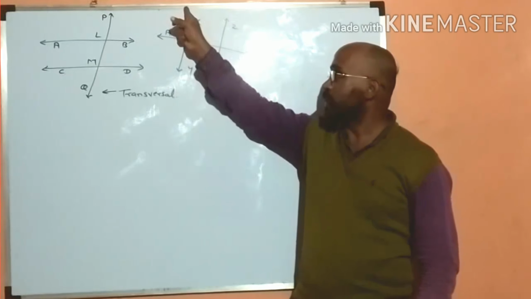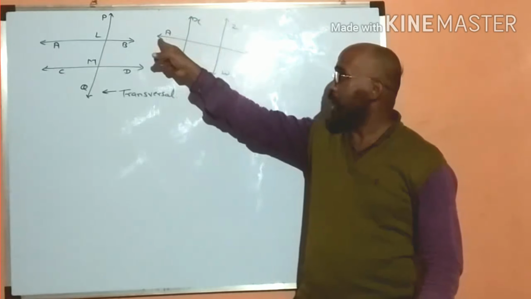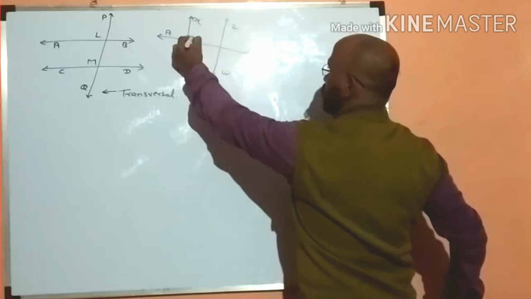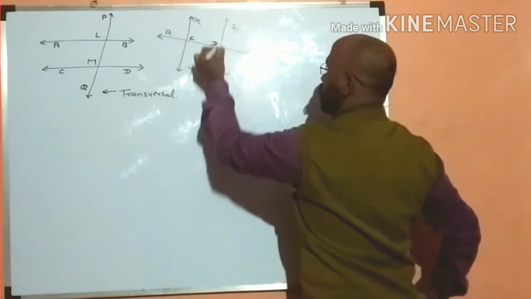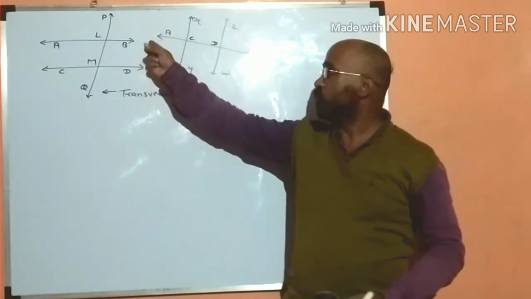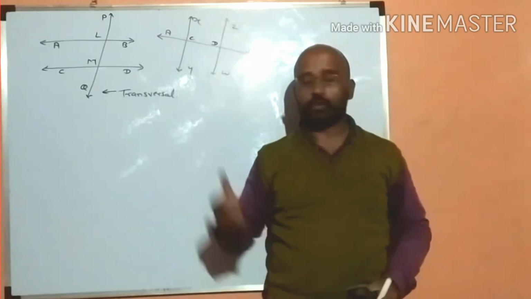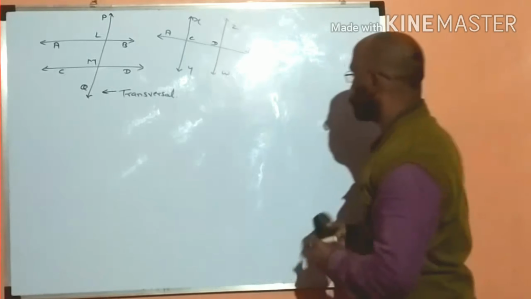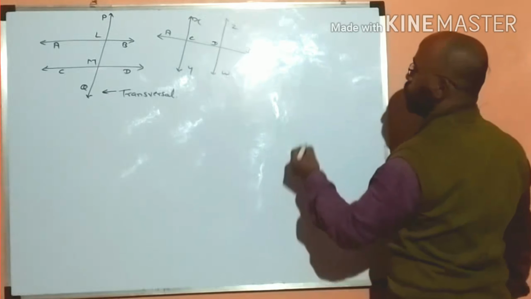Line AB intersects XY at this point, and line AB intersects ZW at this point. Consider them as point C and point D. So this one line is intersecting these two lines, so this one line is called a transversal. Clear, students? Let us see one more example.